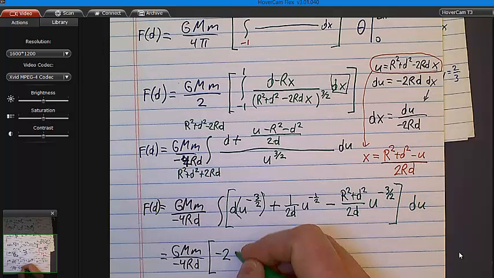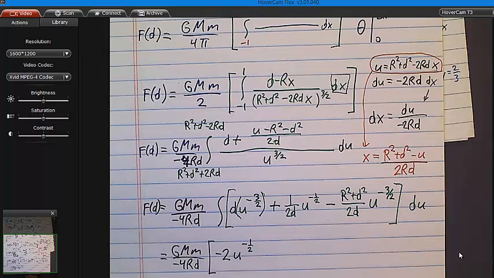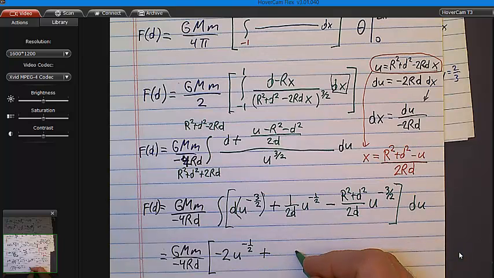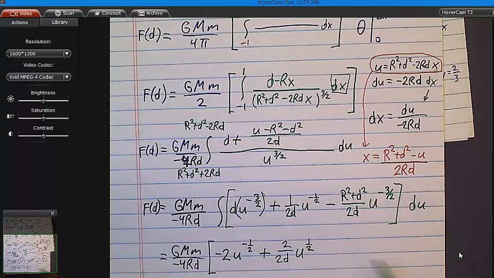Negative 2 U to the negative 1/2. Plus, now this becomes U to the 1/2, so we need to multiply by 2. So it's just 2 over 2D, or 1 over D, I guess, eventually.